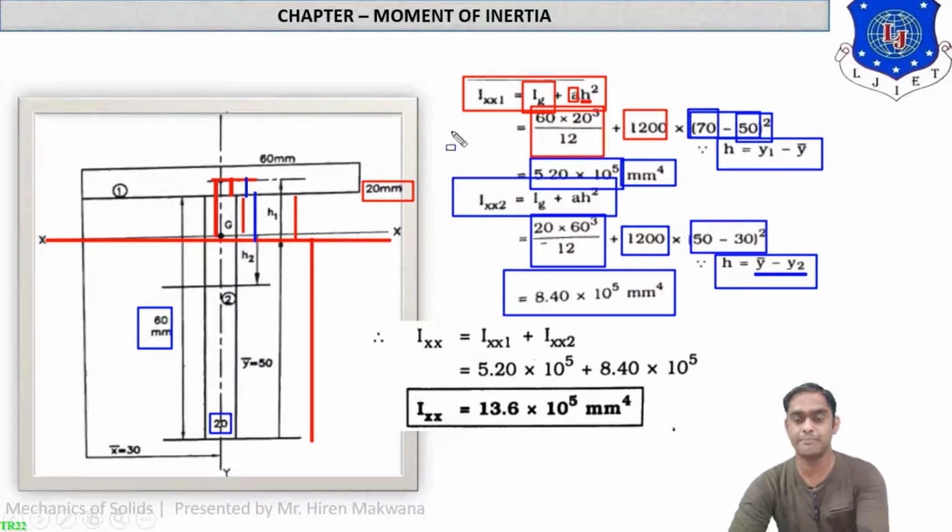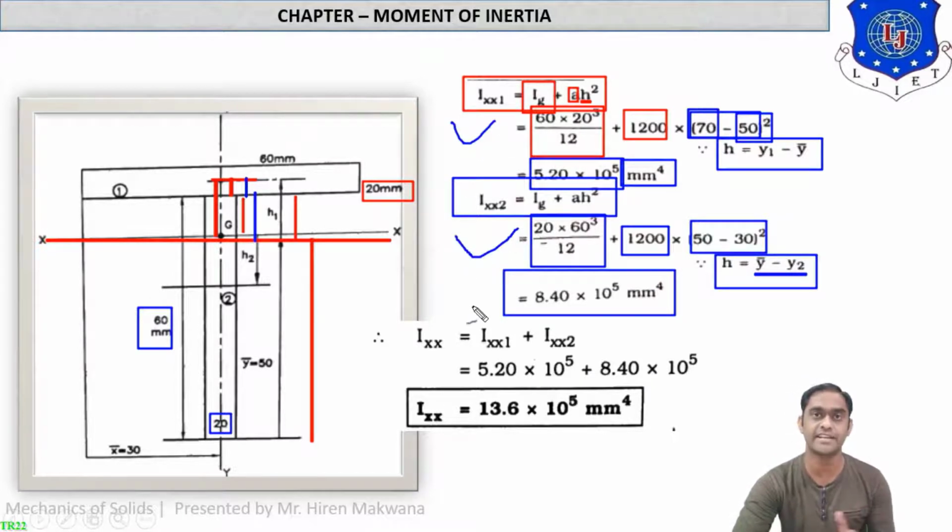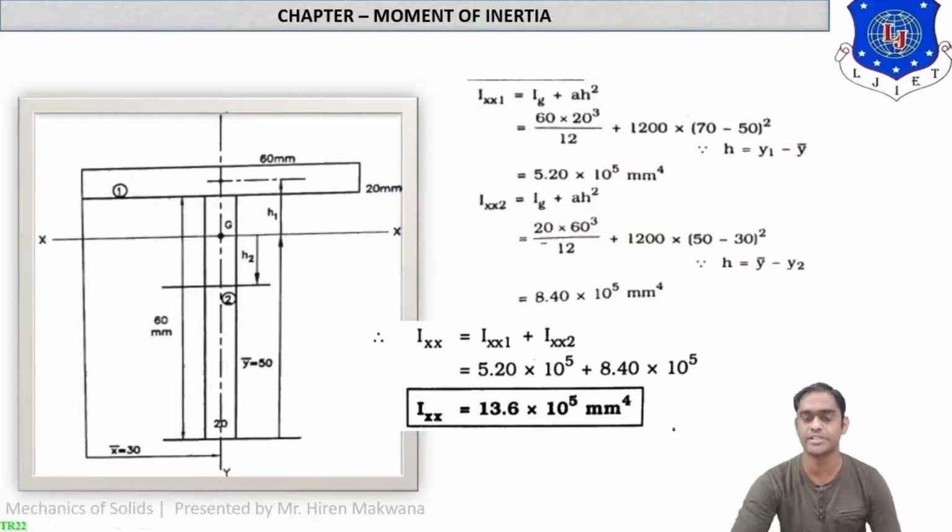Now these are the separate formulas for Ixx1 and Ixx2. But we have to calculate Ixx for the entire section. So Ixx for the entire section will be Ixx1 plus Ixx2. So adding these two values, you will get Ixx is equal to 13.6 into 10 raised to 5 mm raised to 4. So this is the method to calculate Ixx.